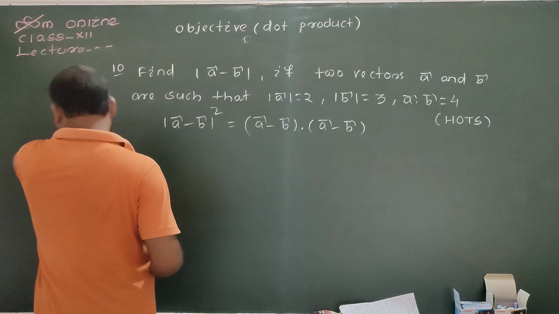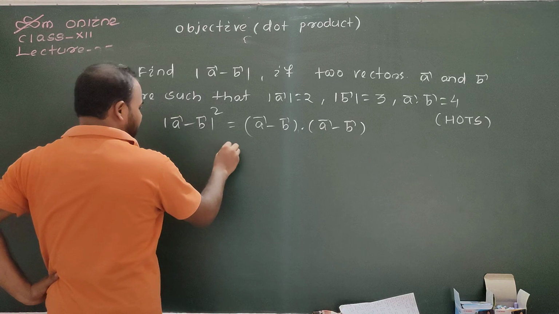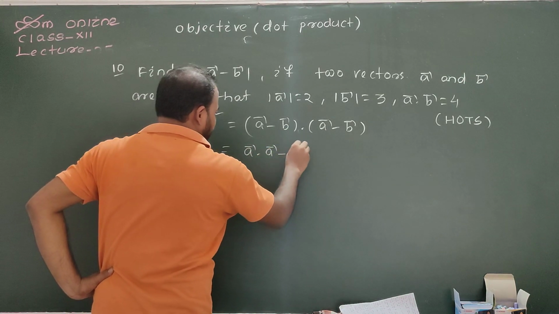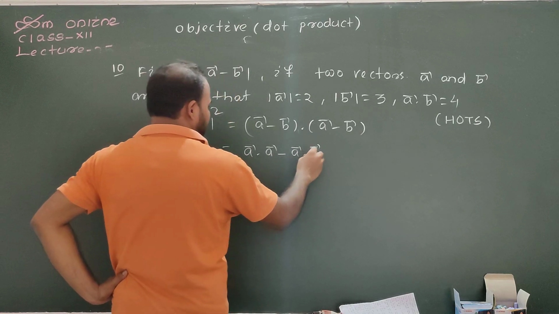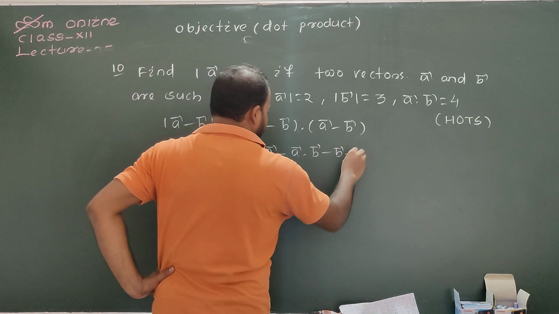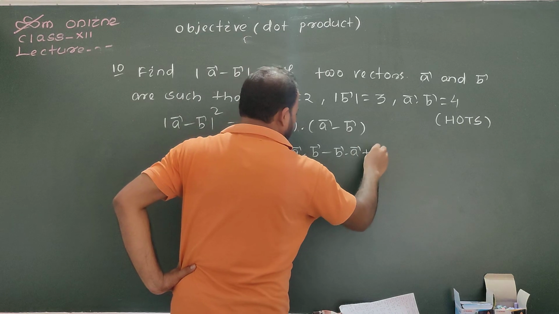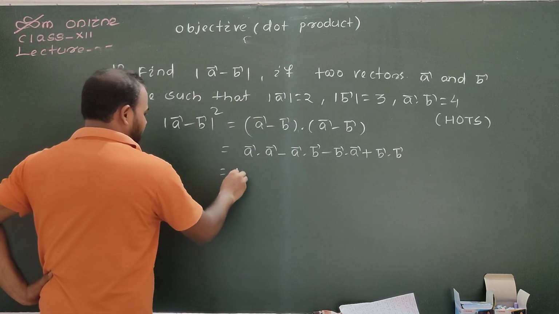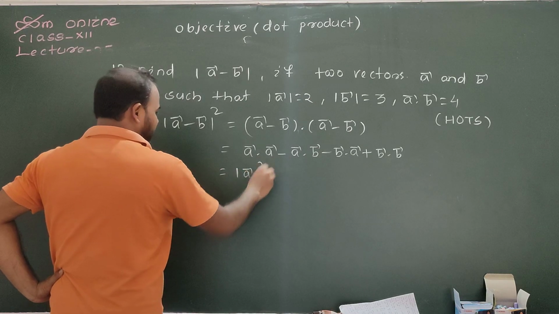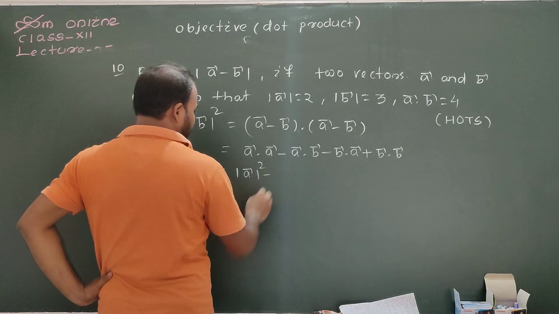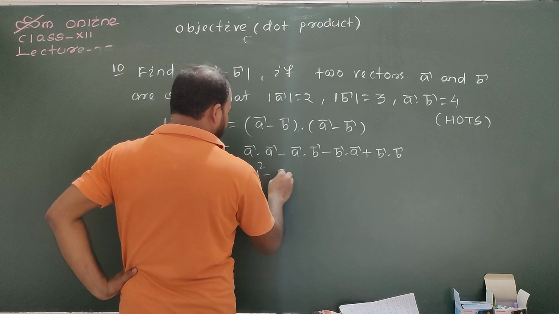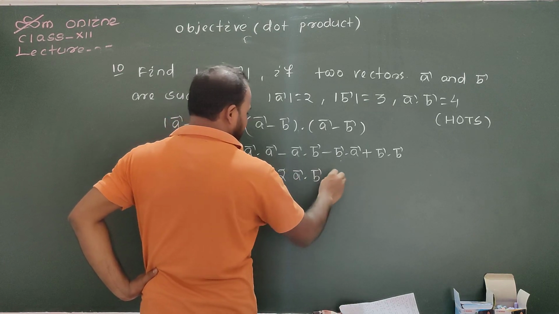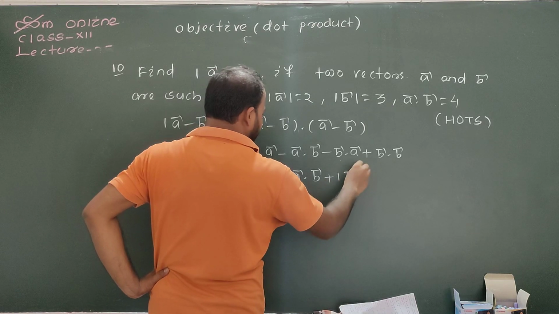And it is equal to vector a dot vector a minus vector a dot vector b minus vector b dot vector a plus vector b dot vector b. And it is equal to magnitude of a square minus 2 into vector a dot vector b plus magnitude of vector b square.